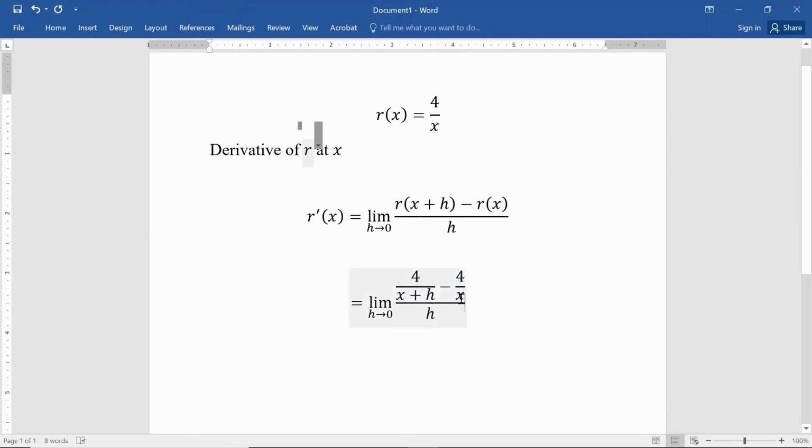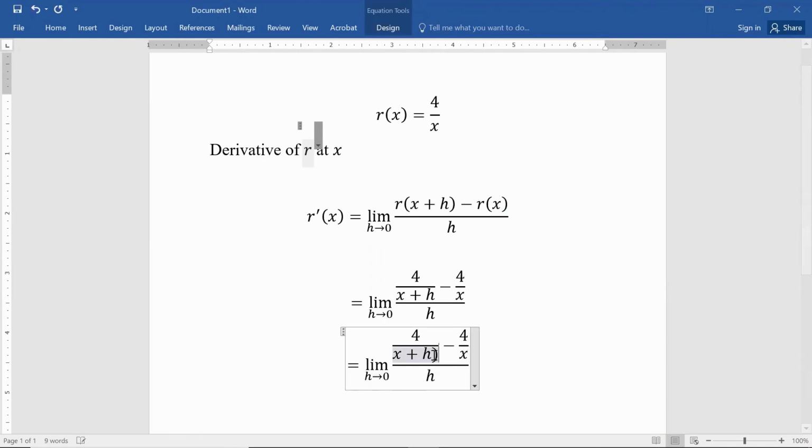Now, this is a lot of nasty fractions, but we can still deal with it. In order to deal with ugly fractions, I need to make those simpler. The easiest way to do that is to create common denominators. So I'm going to create a common denominator on top. x plus h times x is my common denominator.